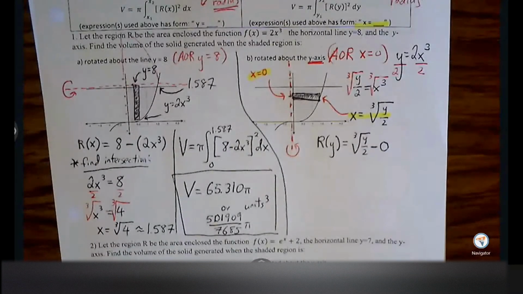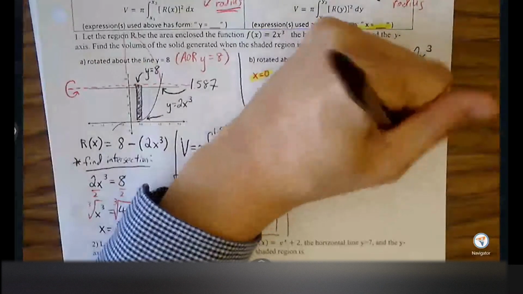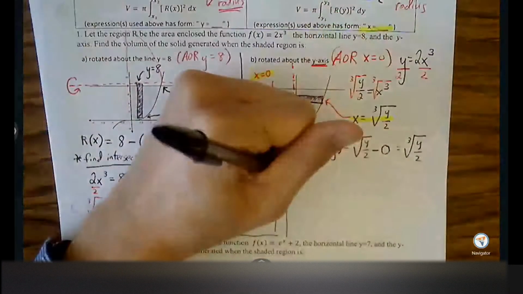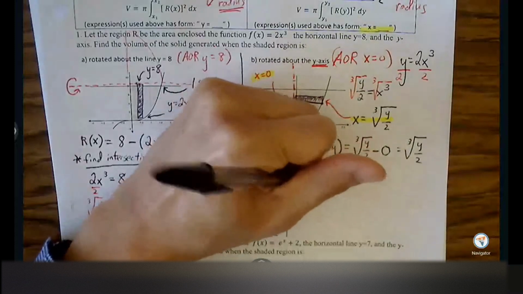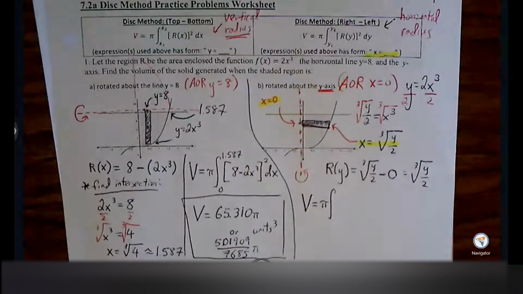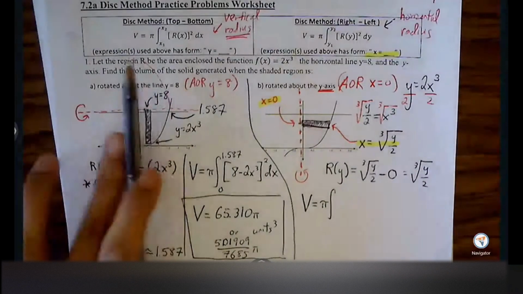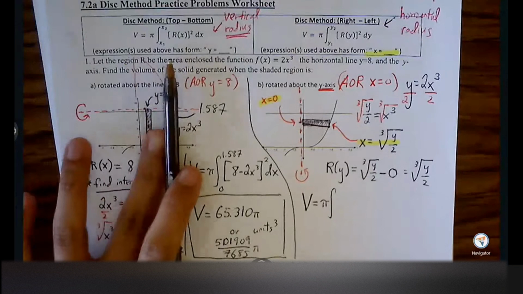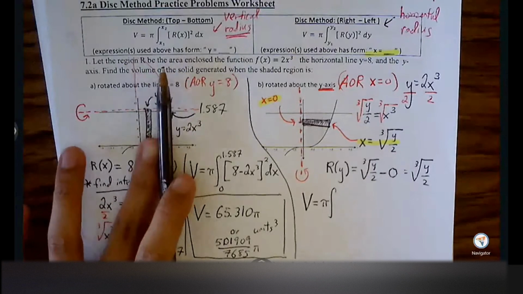And let's go to our volume formula here. Okay, V equals pi integral. Okay, different orientation, right? Vertical rectangles, we're stacking from the left x value to the right x value, so from 0 to 1.587.